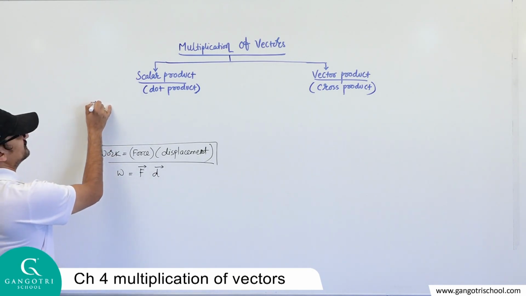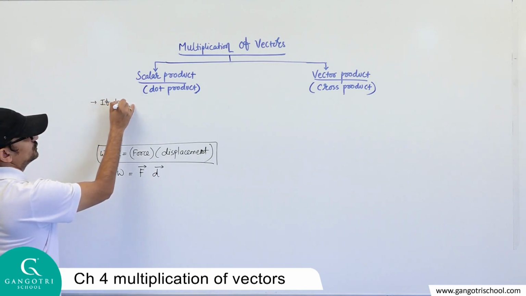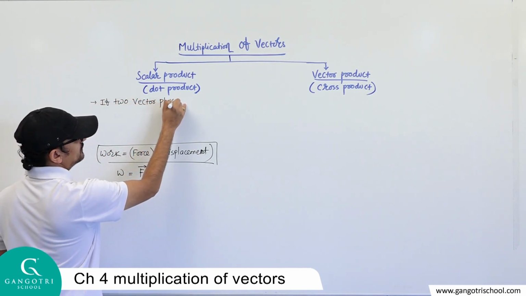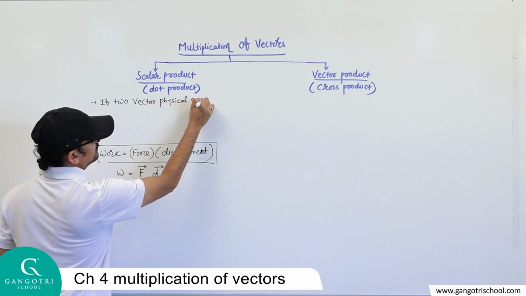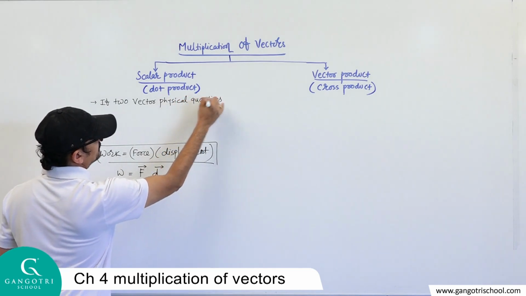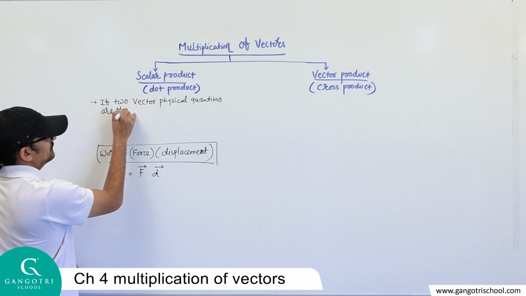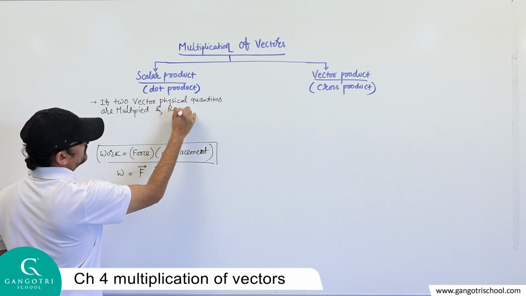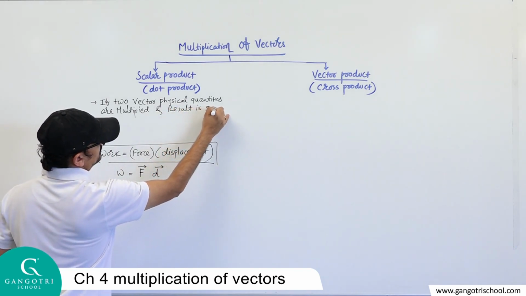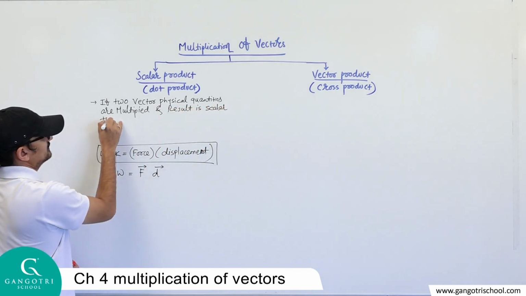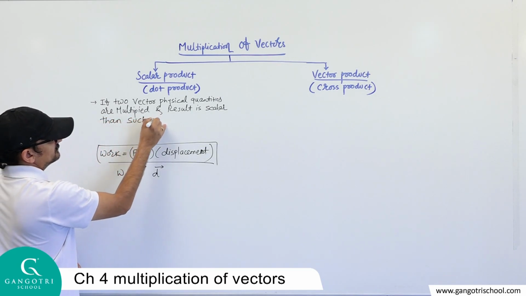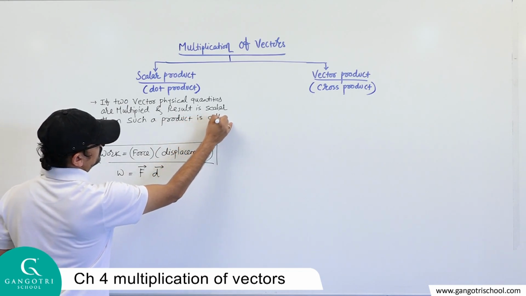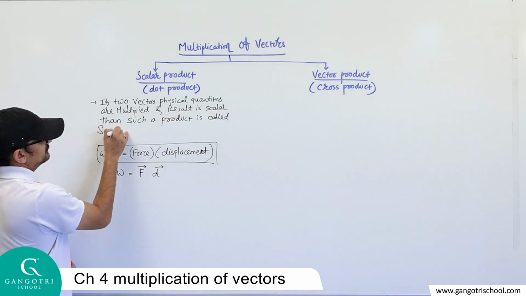So the definition is, if two vector physical quantities are multiplied and the result is scalar, then such a product is called scalar product.